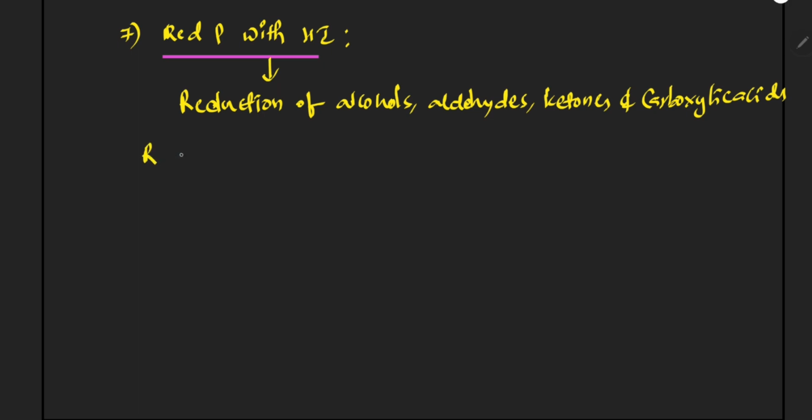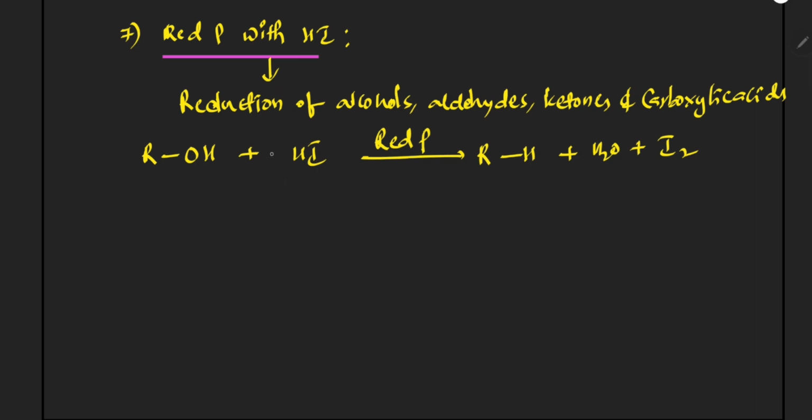See, alcohol with hydrogen iodide, red phosphorus, it gives alkane, plus H2O plus I2. Alcohols are converted to alkane. Now, aldehydes are converted to alkane.